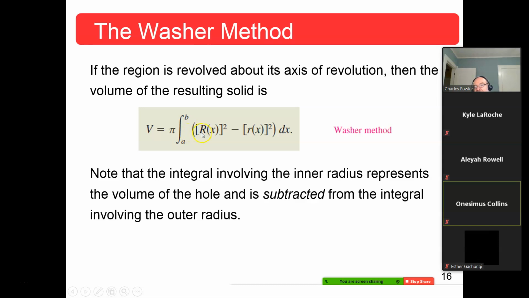So you're subtracting the two volumes, the hole volume from the solid volume. Note that the integral involving the inner radius represents the volume of the hole. It's subtracted from the volume involving the outer radius, which would have been the entire disk if you had a disk.